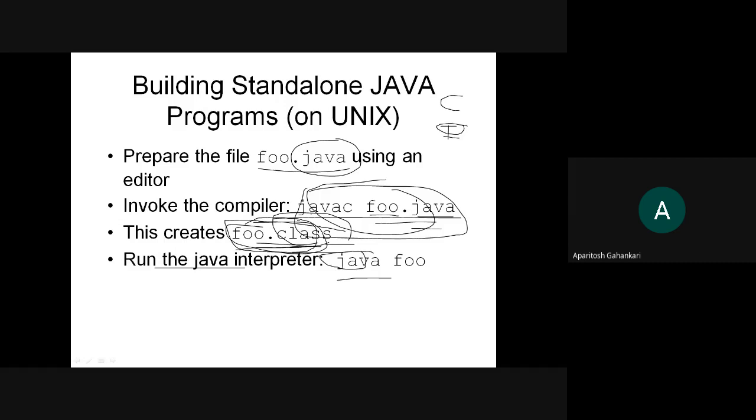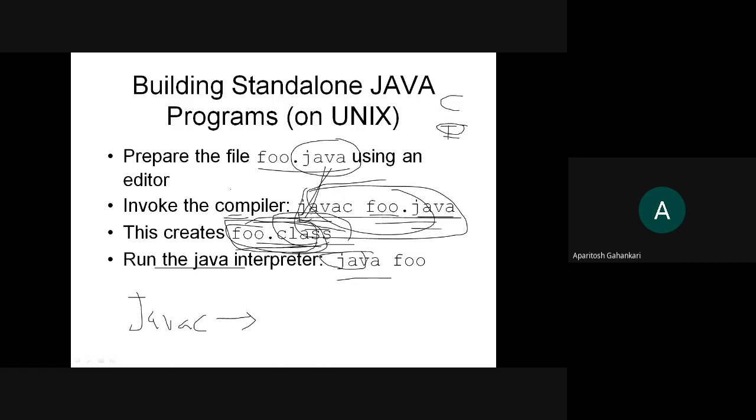So javac is a command for compilation. This javac command, what is it doing? This command is compiling the program. What does compilation mean? Converting the .java file into a .class file. So it is doing that.